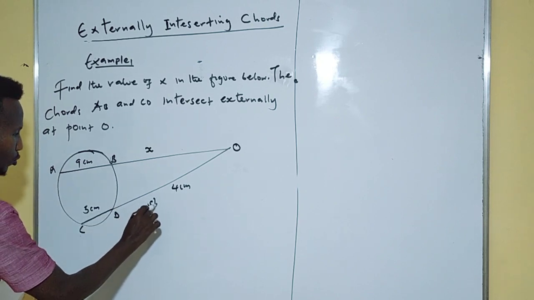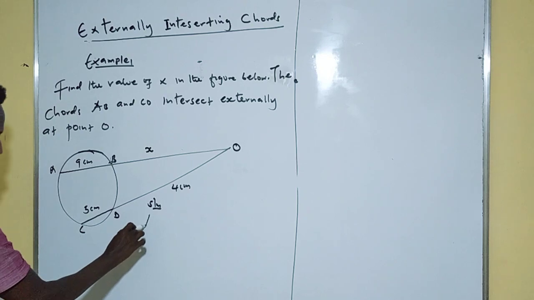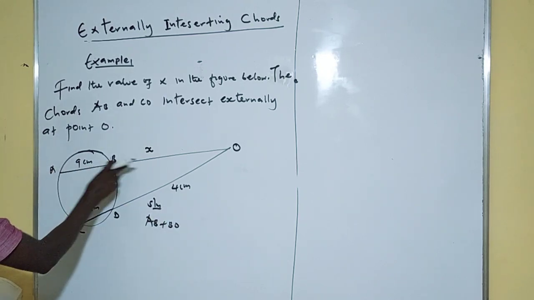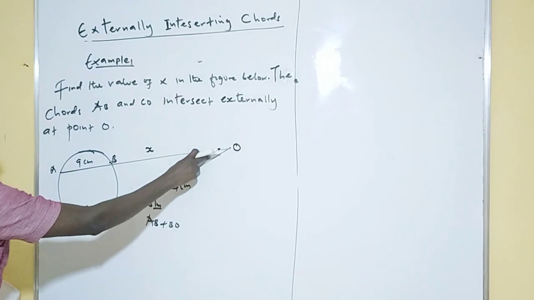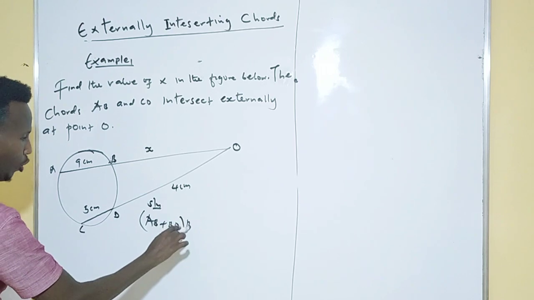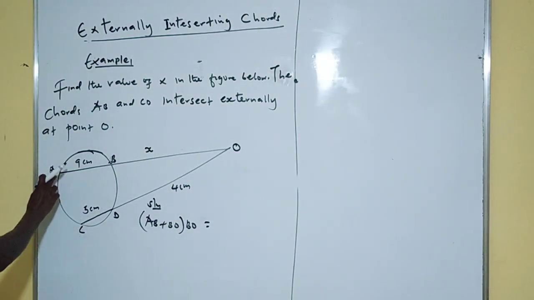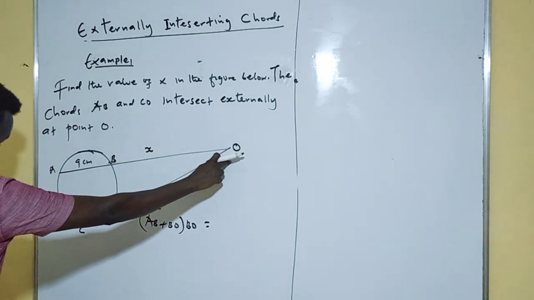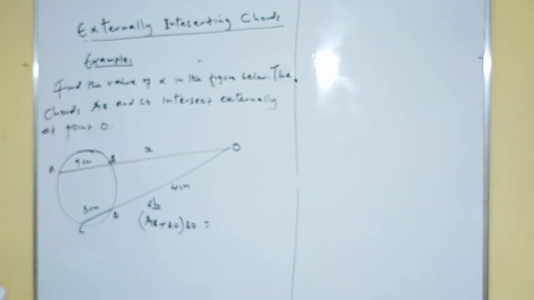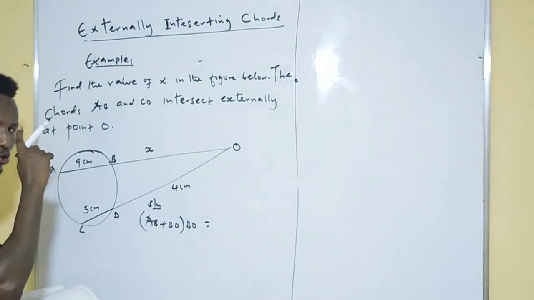Look here. When you're coming to the solution, you're going to say AB plus BO, this magnitude plus this one, into the external part BO, is equal to, look at this point here, AB plus BO into BO. So the external line, this one, you're going to use it twice.